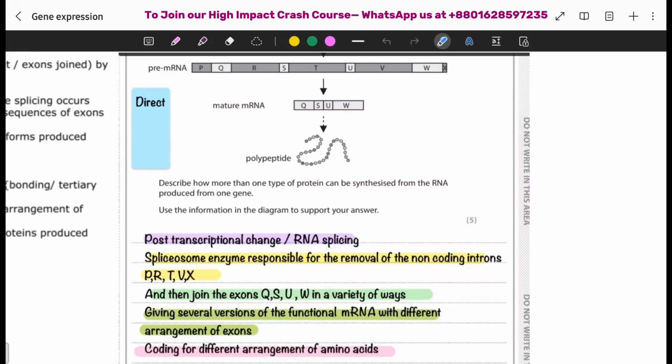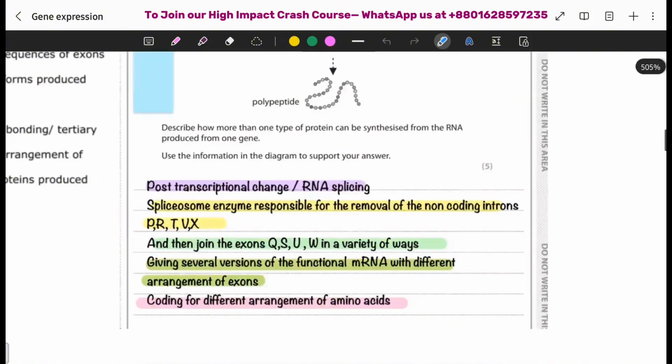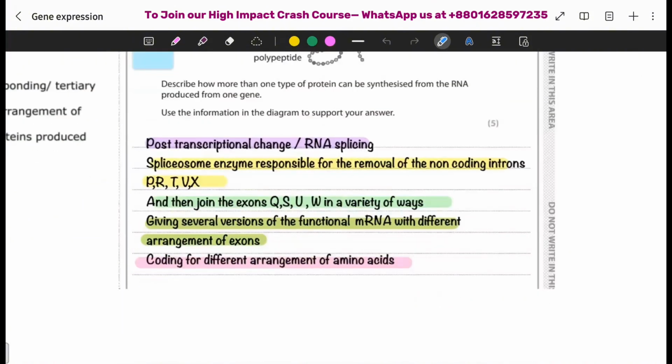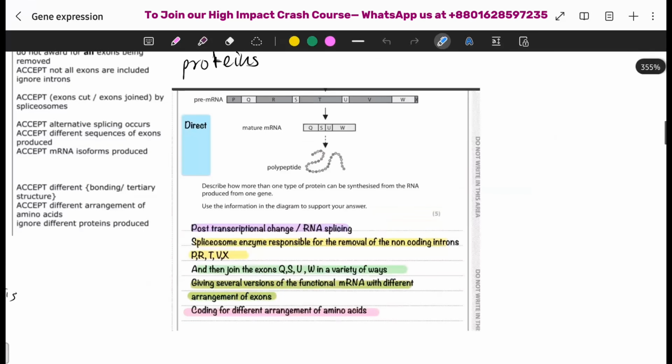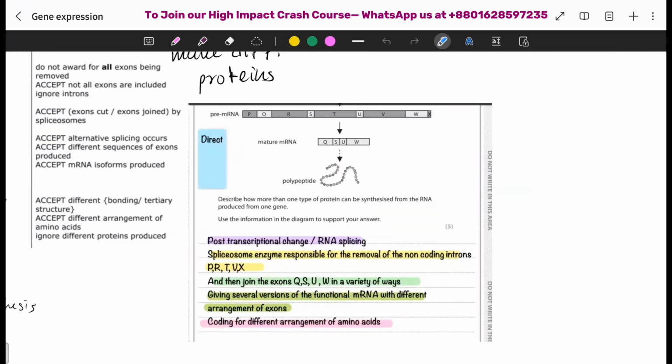That will give different functional mRNA with different arrangements of exons. So that's why it will have a different primary structure, a different sequence of amino acids. That's why it will code for a different arrangement of amino acids. And if it has a different arrangement of amino acids, a different polypeptide or protein will be formed.